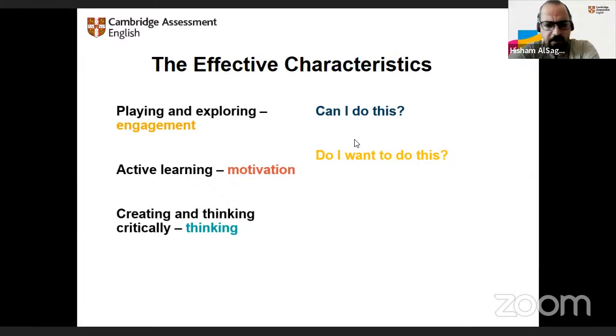Developing critical and creative thinking today is becoming really part of the 21st century skills that are needed for prospective employees. So if we are aiming to graduate a more employable workforce, we have to think of focusing on creative thinking and developing critical thinking skills.